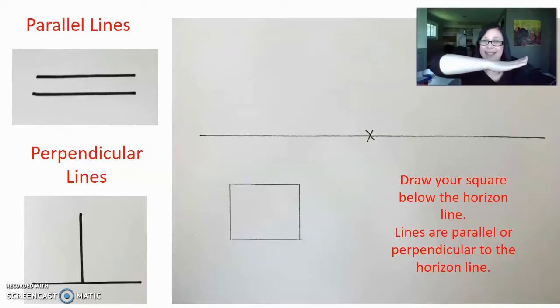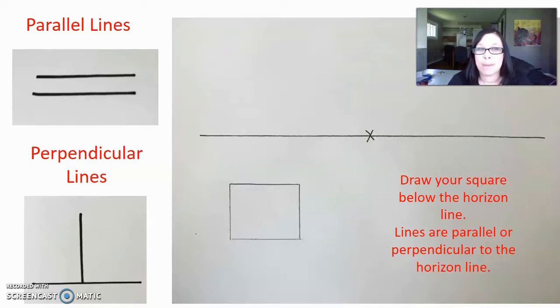The top and the bottom of your square should be totally parallel to your horizon line, and the straight up and down lines on the side totally perpendicular. With 1-point perspective, your lines are always parallel or perpendicular to the horizon line, or they are going on an angle and meet up with your vanishing point.